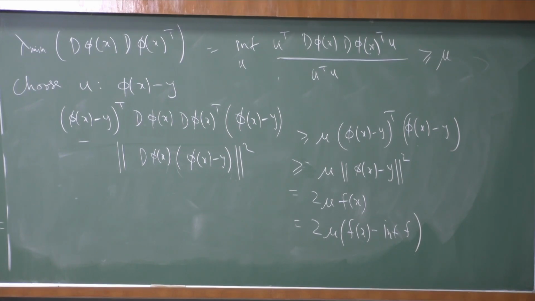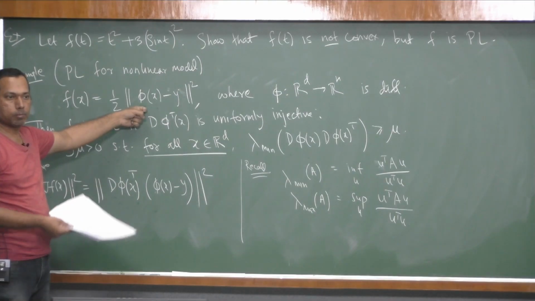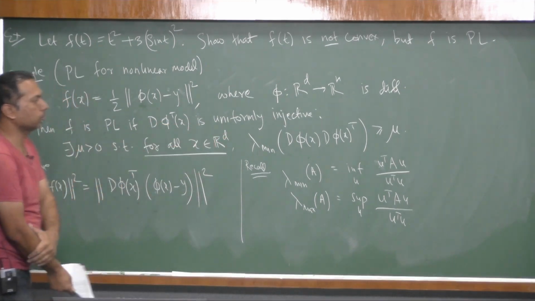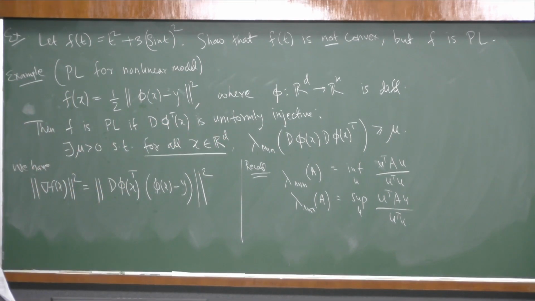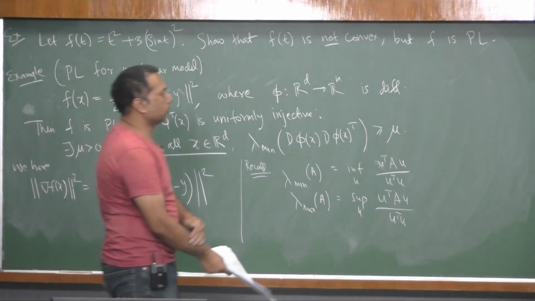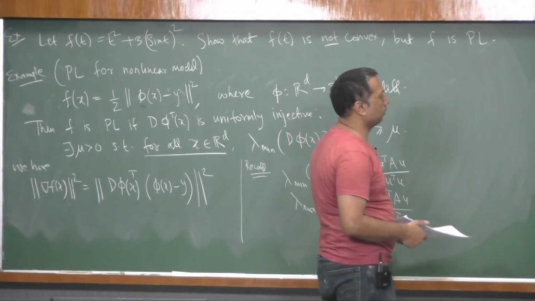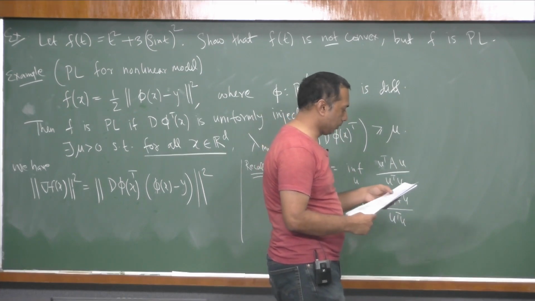And you know, the infimum of f cannot be negative, right? Because it's a norm. So I am subtracting something that's positive. Okay, so hence it's valid. So if you rearrange this, then you have the claim.